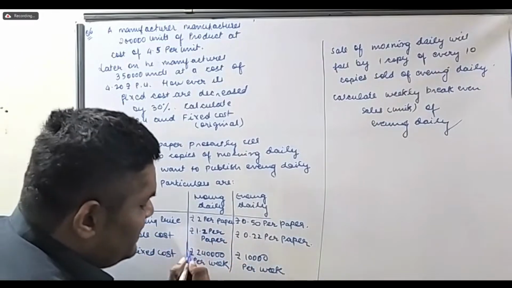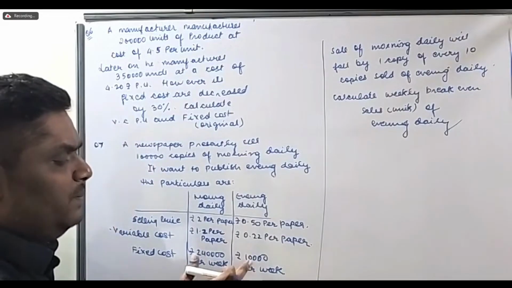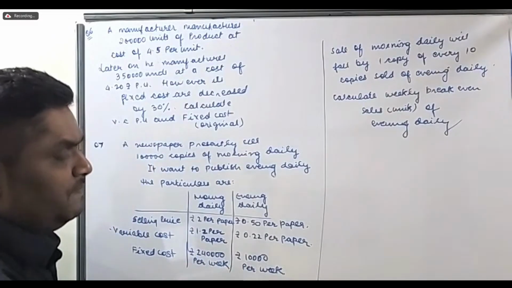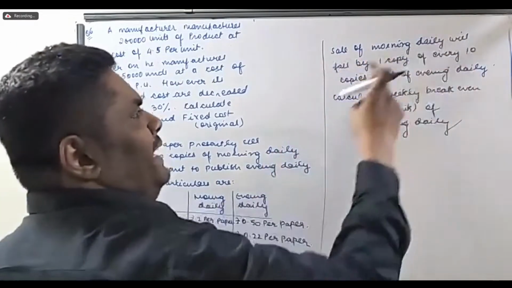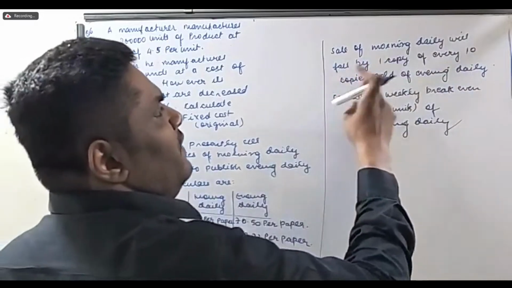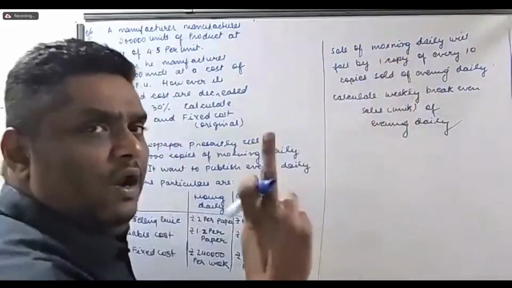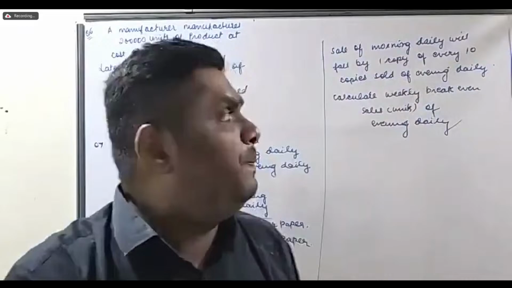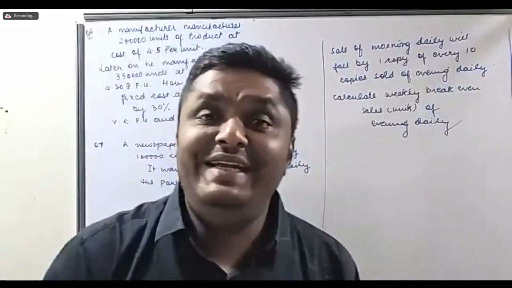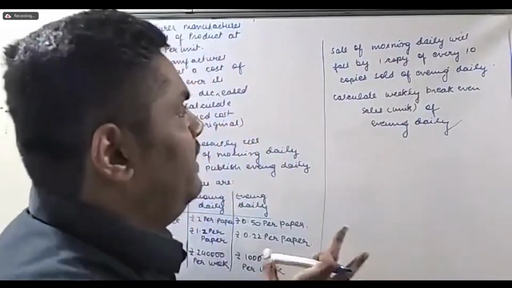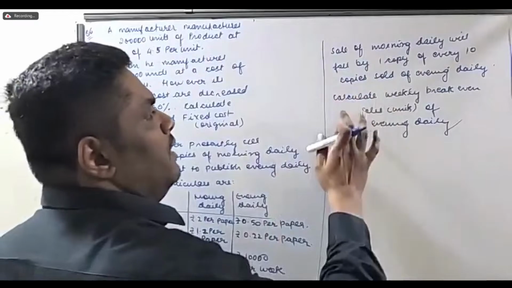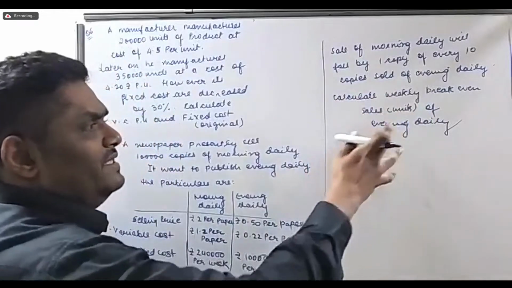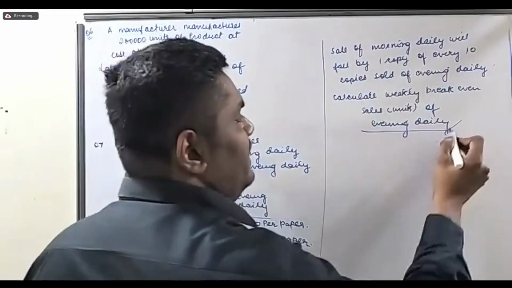Weekly fixed cost is given, that is 2,40,000 per week and 10,000 per week. Now sale of Morning Daily will fall by 1 copy for every 10 copies sold of Evening Daily. You are required to calculate break-even sales in units for Evening Daily.